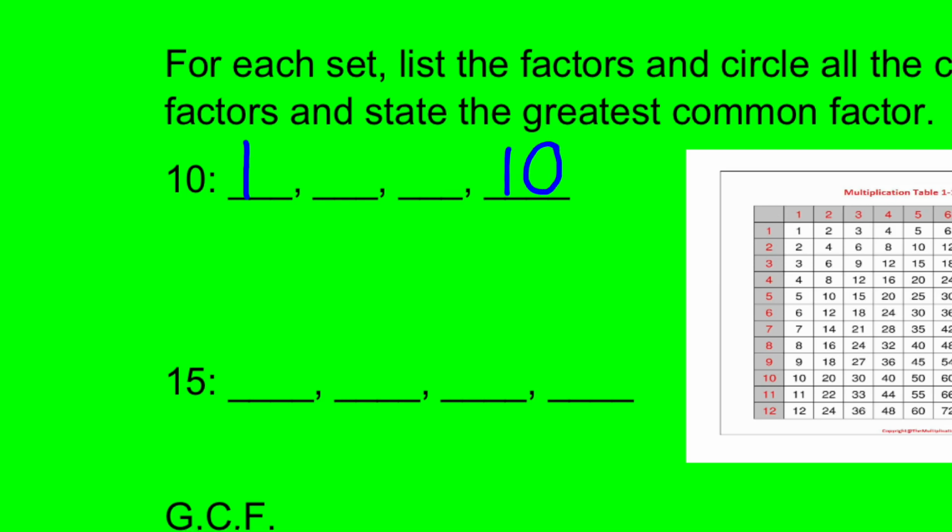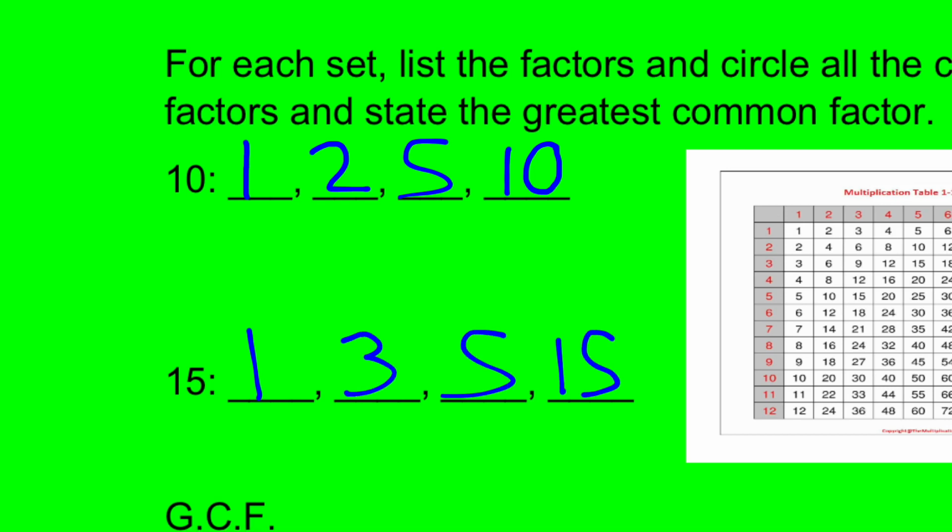And 10 is an even number, so 2 will be a factor, and it's two groups of 5, or 2 times 5. So there's all the factors of 10. And all the factors of 15 are 1 times 15 and 3 times 5. So there's all our factors of those numbers, the numbers that multiply to 10 and the numbers that multiply to 15.